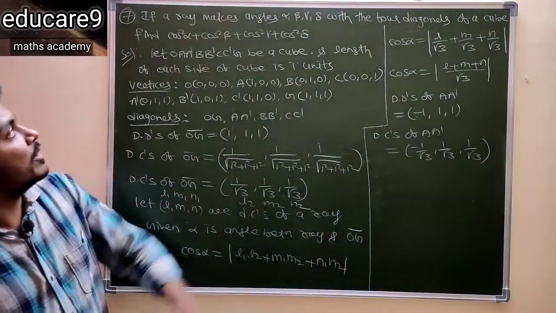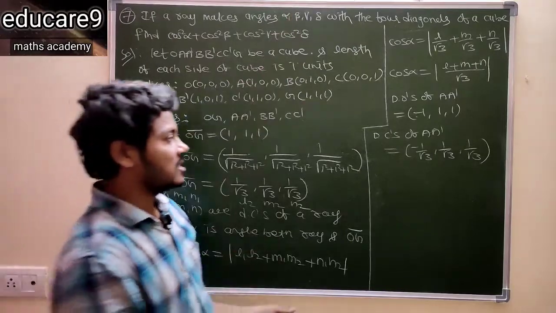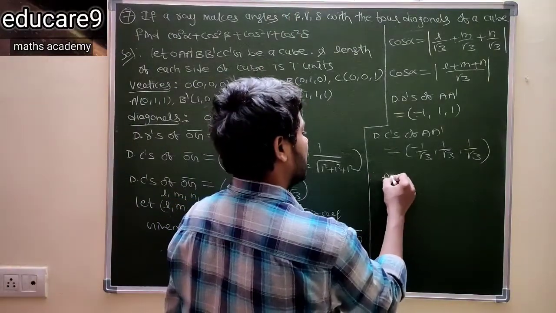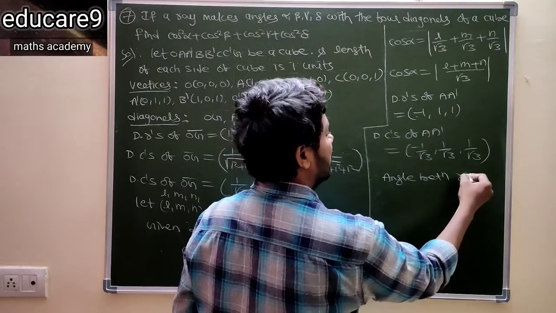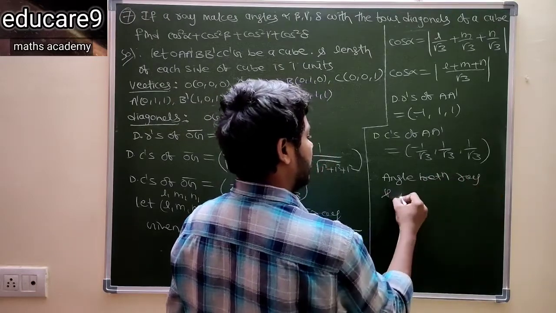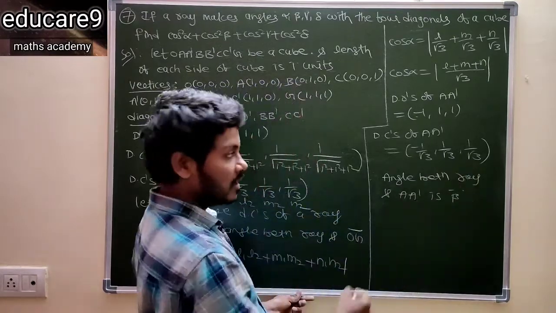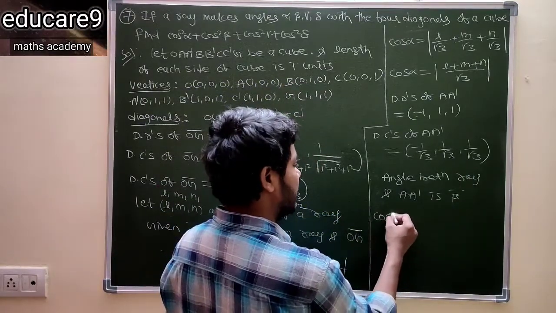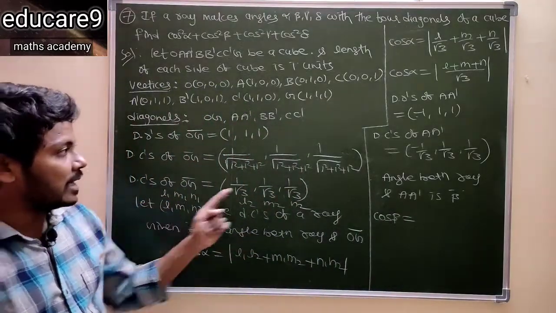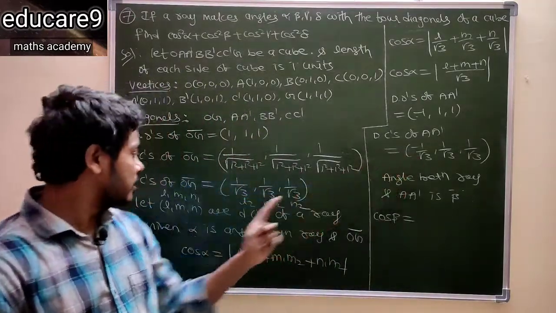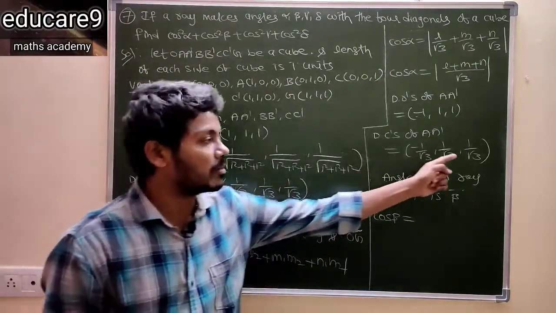Now the angle between the ray and the second diagonal is beta. Therefore, the angle between the ray and A dash is beta. Cos beta is l into minus 1 by root 3 plus m into 1 by root 3 plus n into 1 by root 3.